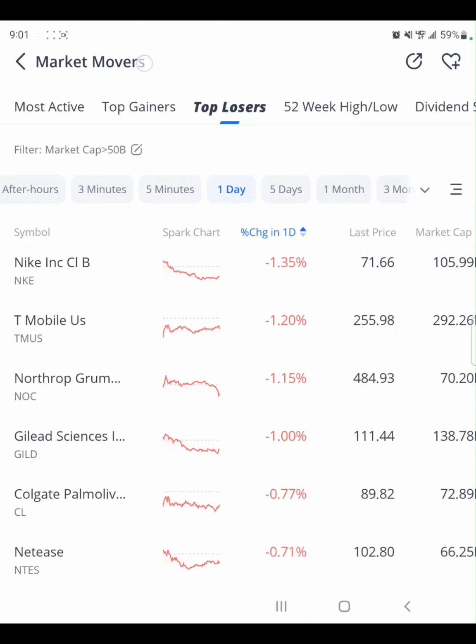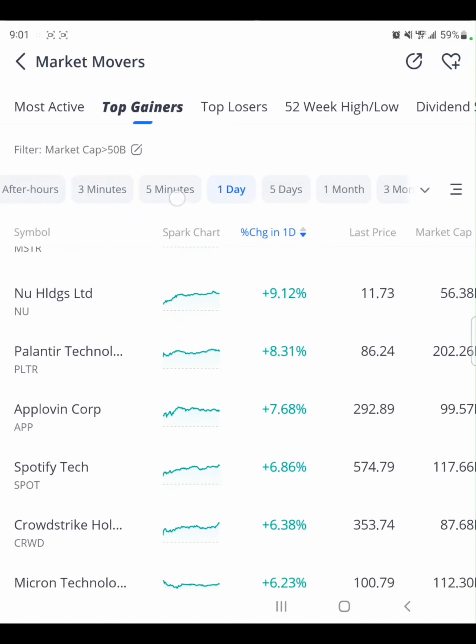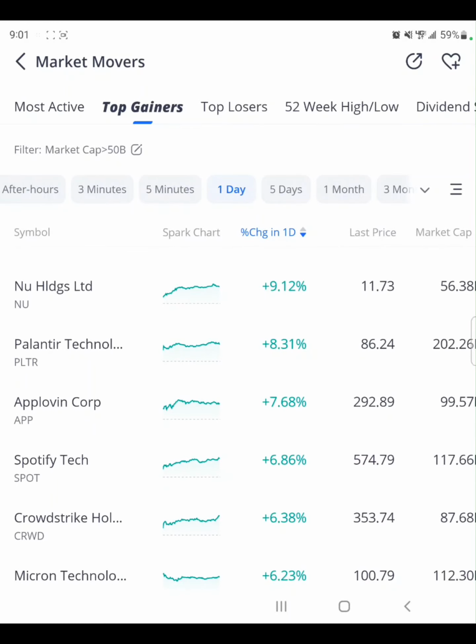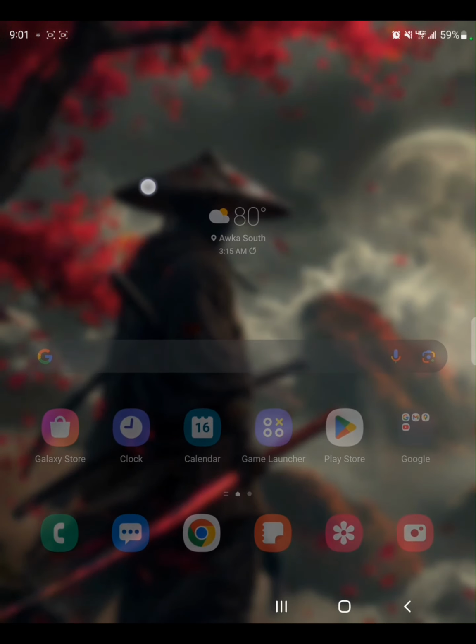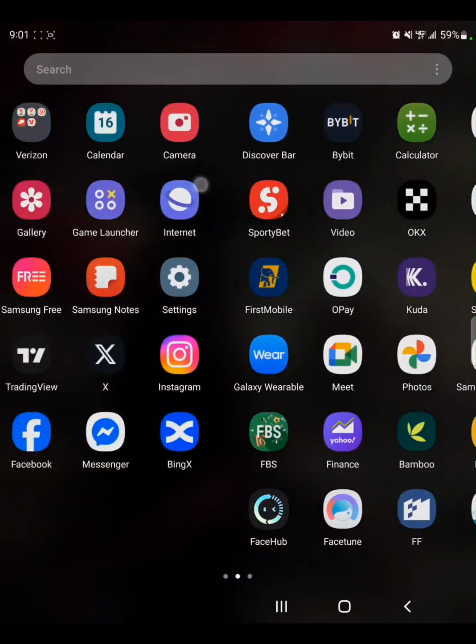Then these are the top losers for the day. I will show you guys why I choose the top gainers or top losers. So let's say, for example, let's use NU to take our trade. Then go over to TradingView.